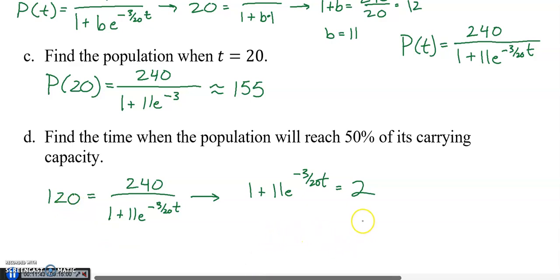So we subtract 1, and then divide by the 11, and then take the natural log to get rid of the e, and then divide by the k value of negative 3 over 20. We're going to multiply by negative 20 over 3. That should be your t value. That's going to give us a p value of 120, and that is going to work out to be approximately 15.986.